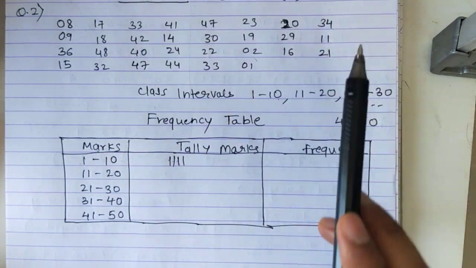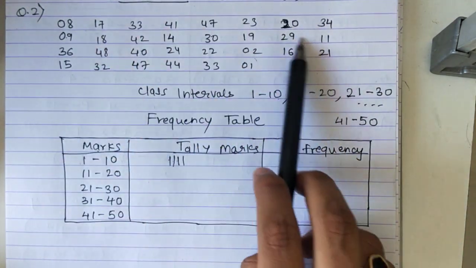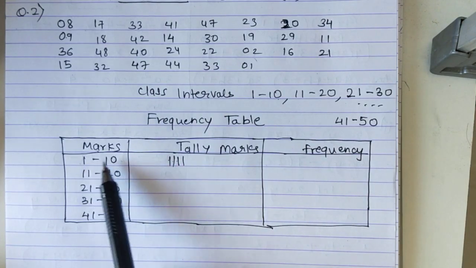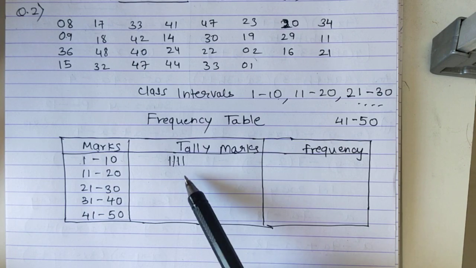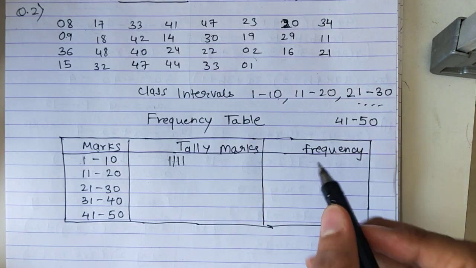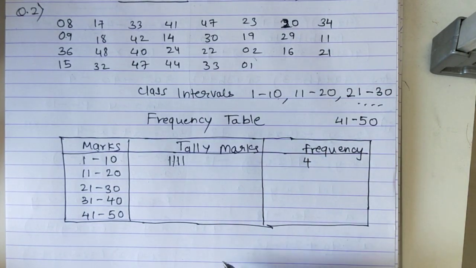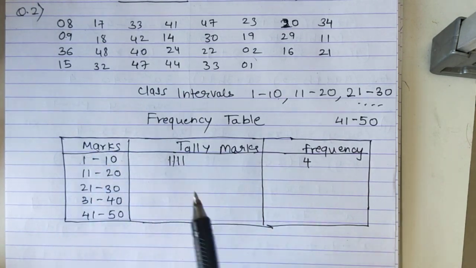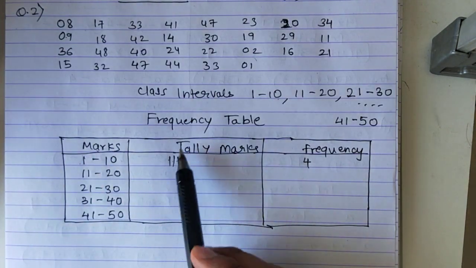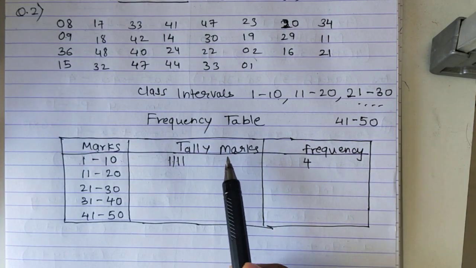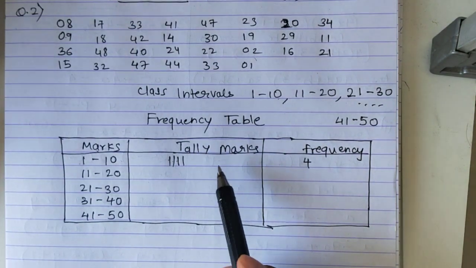So there are only 4 students who have scored between 1 to 10. So I put 4 standing lines here. Okay, so that means frequency is 4. There are 4 people who have scored between 1 to 10. When I put these standing lines, these sticks, they are called tally marks.